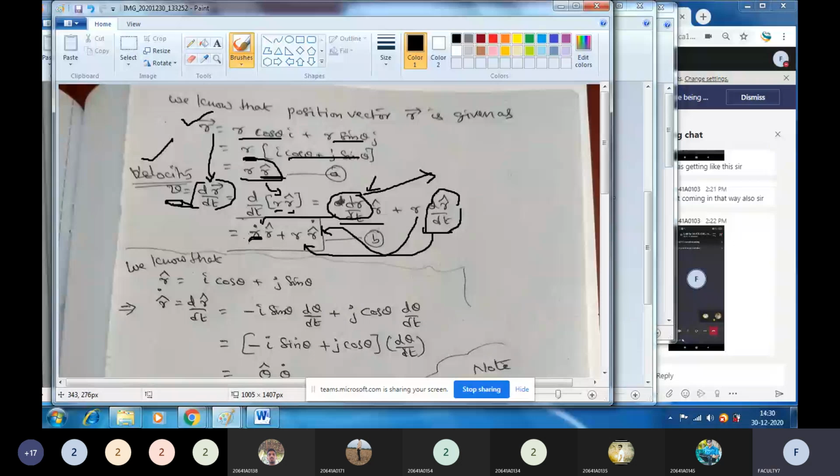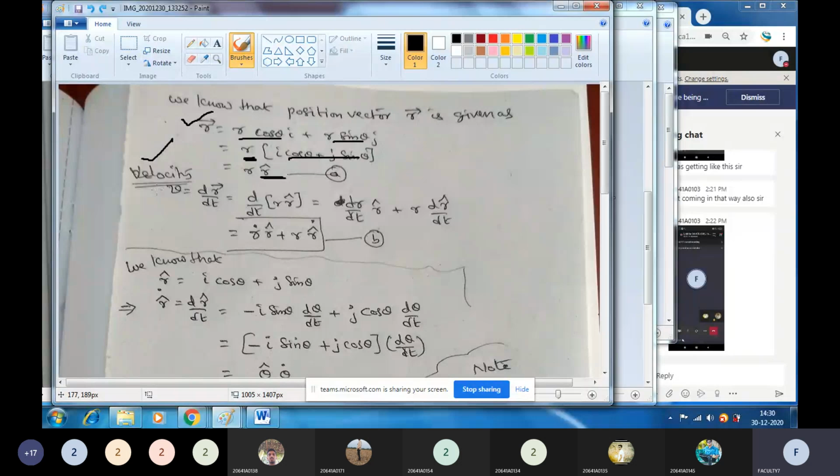Now the same thing I'm repeating here. You are going to find the velocity. Let me erase this. Now you got the position vector. After getting the position, you go to the velocity. How do you get the velocity?